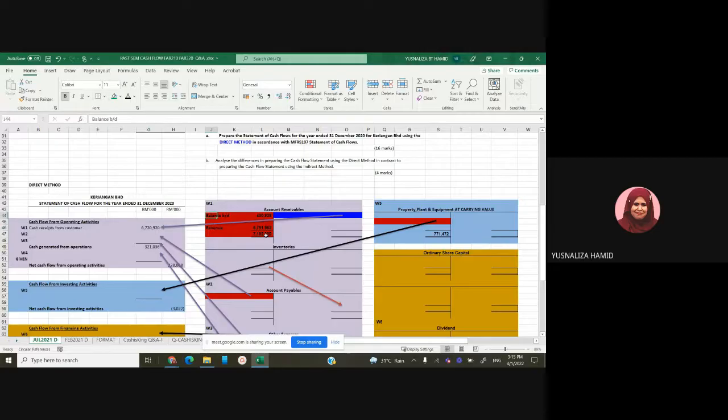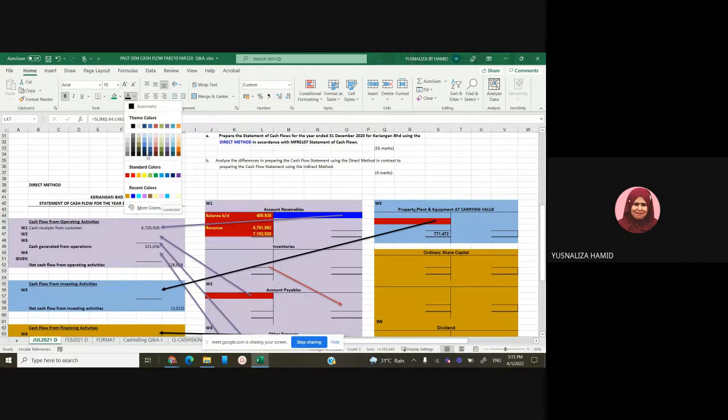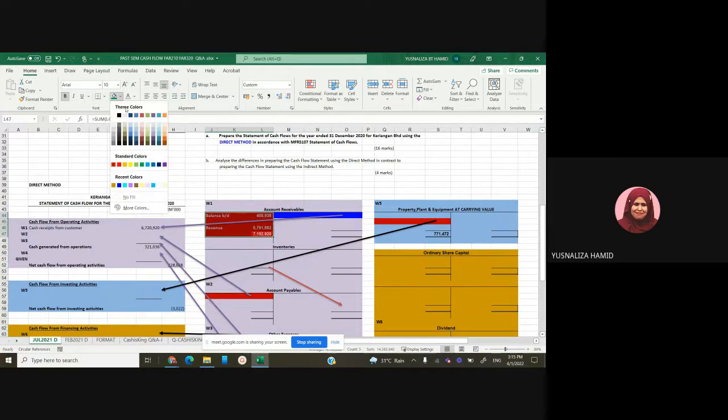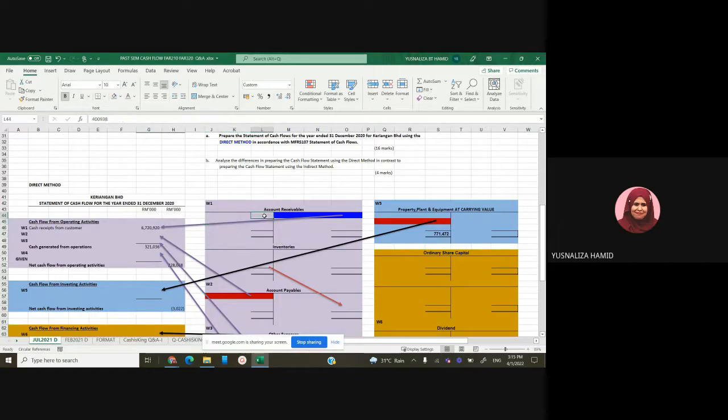First, you need to put the balance in the accounts receivable. The beginning balance, where do we get it? The balance would be from the statement of financial position information. So let us take that first item. Where do we get this?